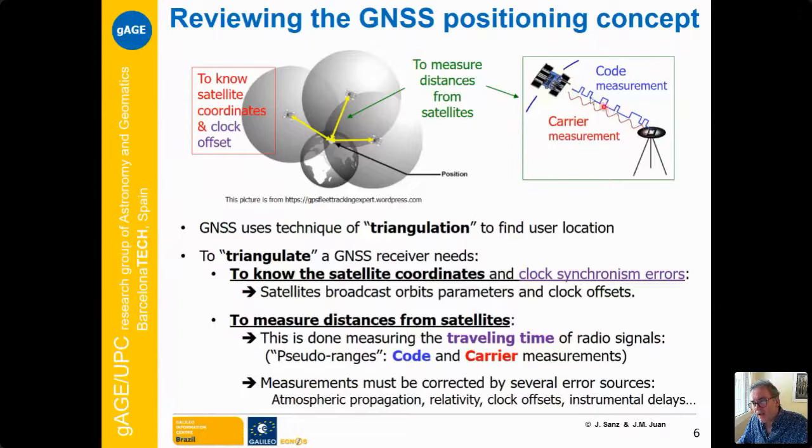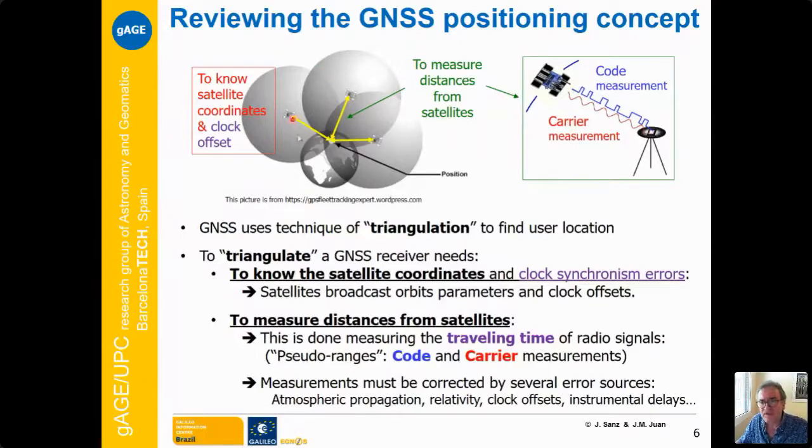Then any synchronism error between these clocks will introduce errors in the estimation of the traveling time of the signal propagation from the satellite to the receiver antenna. Traveling time is what we estimate in order to calculate these code or carrier measurements. Well, you know these ideas well because they have been presented in the previous sessions.